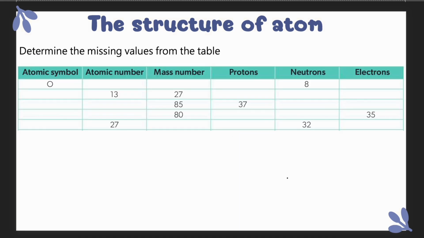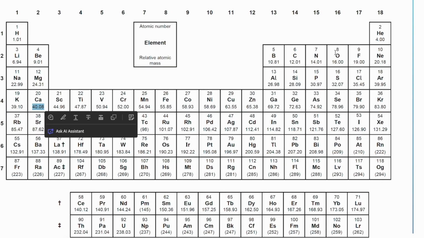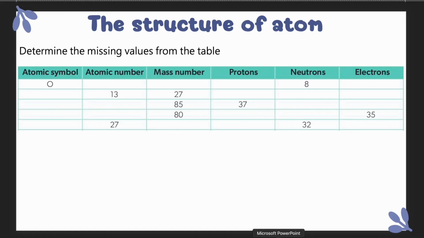Right, let's do this exercise. So atomic symbol oxygen, atomic number, oxygen is 8. Mass number is 16. So protons are the same as the atomic number.